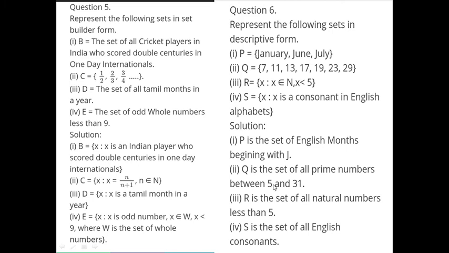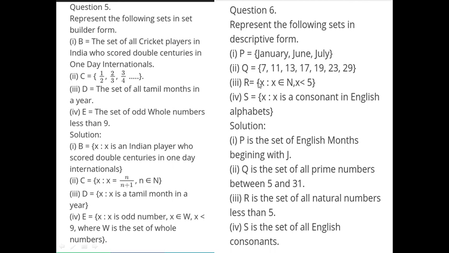So 5 should not be included, the next prime number is 7, and 31 should not be included, so before 31 we have 29. So this is the set Q given in the question. How to write it in the descriptive form? Q is the set of all prime numbers between 5 and 31.